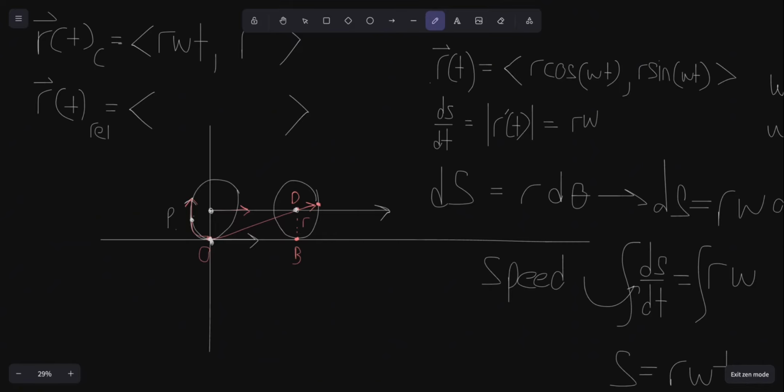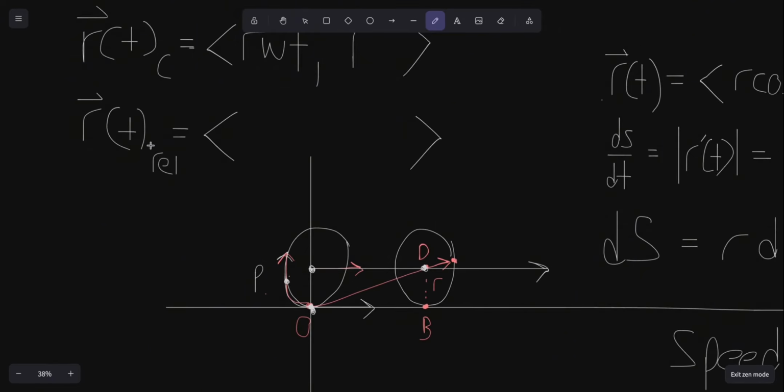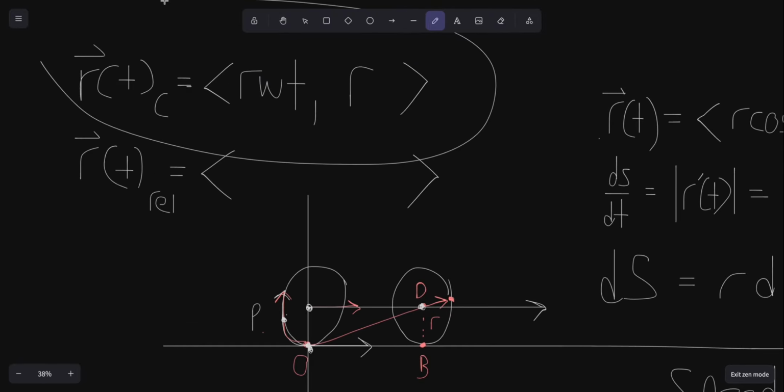Okay? Now, if I'm at the center, that's not really the most accurate way. That's not describing the position of a point on the wheel, right? And so to describe the position of a point on the wheel, I'm going to introduce another vector valued function. This vector valued function up top represents how the center is moving over time.